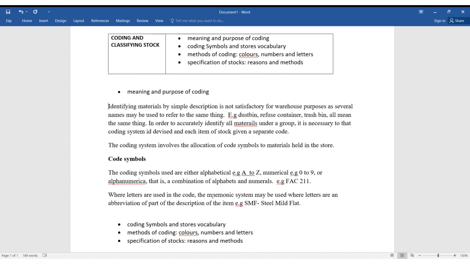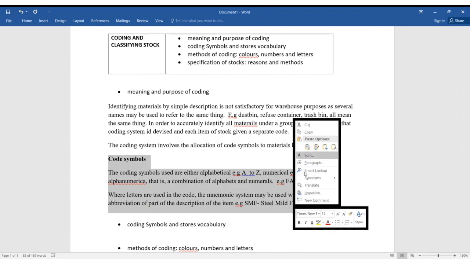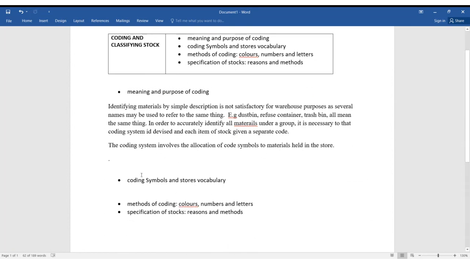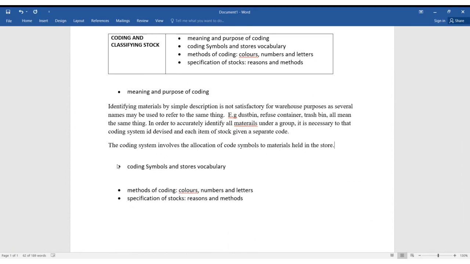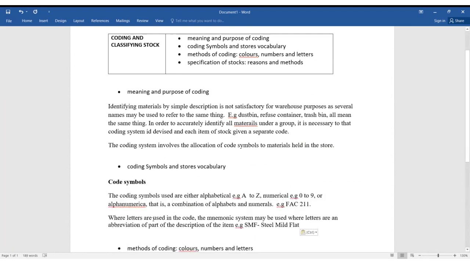There are methods or symbols that can be used in coding, and these symbols are just, as I've told you, alphanumerical, numerical, or alphabetical. So therefore, we can take into consideration those specific symbols.